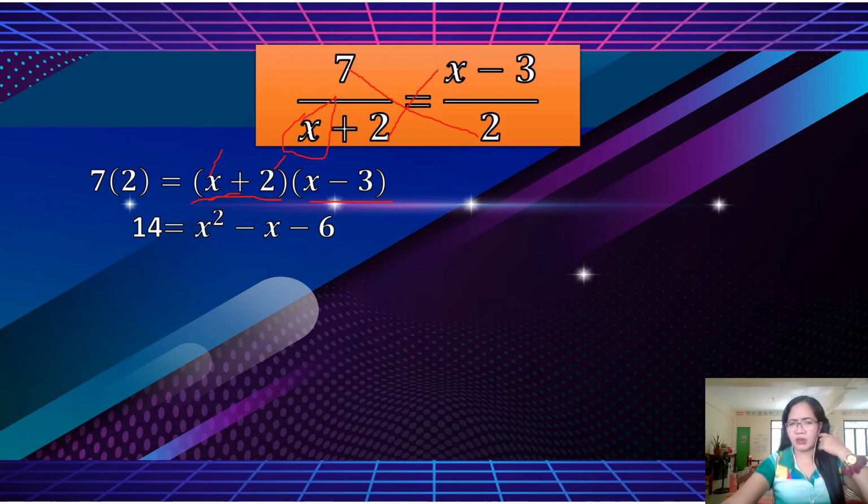Okay, to recall. In using the sum and product of roots, first we're going to multiply x times x. Obviously, that's x squared. 2 times negative 3, that is negative 6. Now, how do we get the middle term? It is automatically x, and its numerical coefficient is the invisible 1 here.